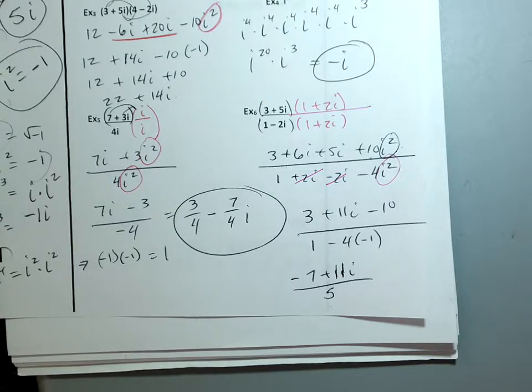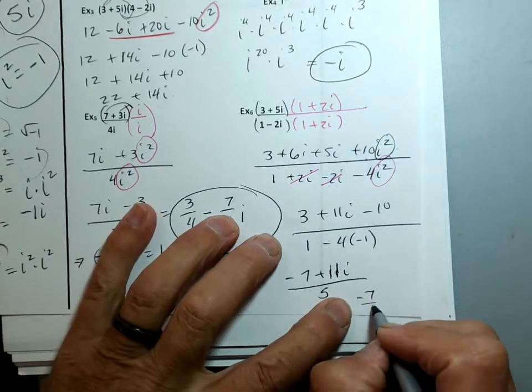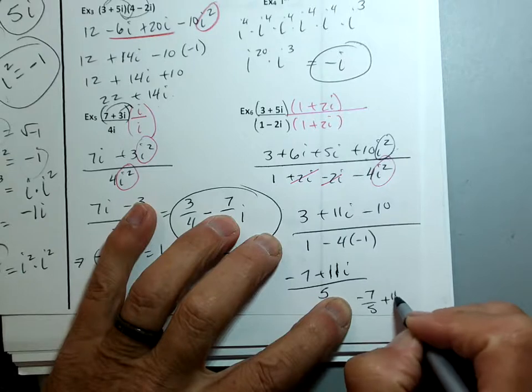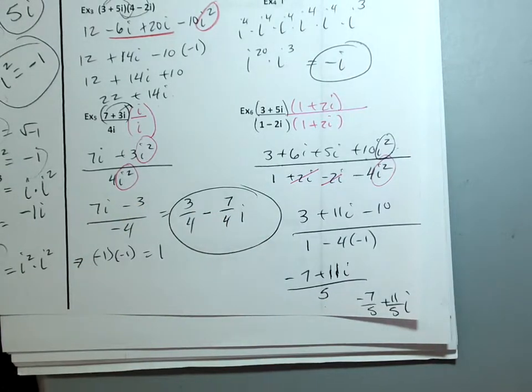You're supposed to separate them. So we're going to go negative 7/5 plus 11/5 i. You really are supposed to separate them because one's a real number and the other's an imaginary. They're not supposed to be together. So the final answer is negative 7/5 plus 11/5 i. Now I've separated my reals and my imaginaries. It's not so bad, is it?